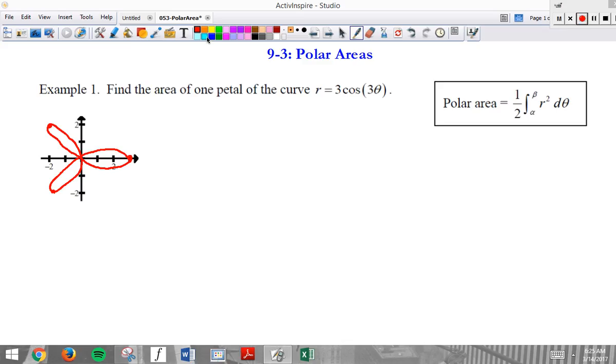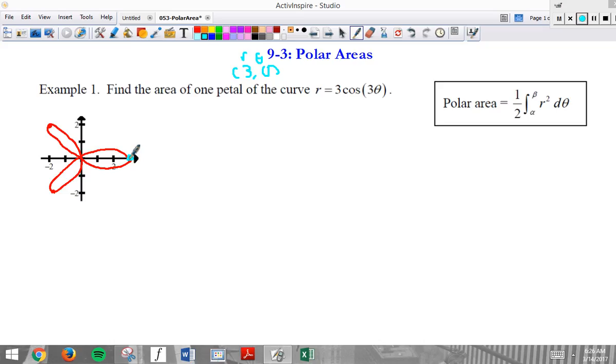Now, if I asked you where do I start on this rose, what would you do? You should think about plugging in 0, but most people just intuitively think you start at the pole. That's not true. What really happens is when I plug in theta equals 0, I get cosine of 0, which is 1, and r is 3. So the coordinate (3, 0), where that's an r and that's a theta, is right here.